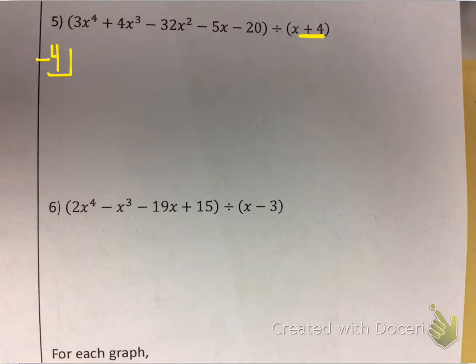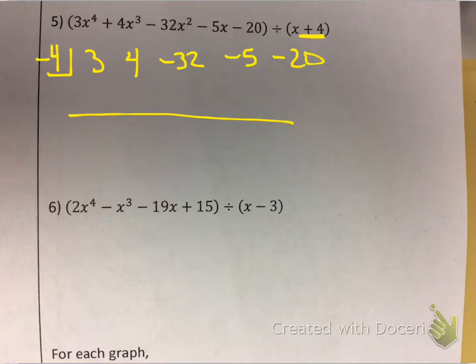And then you start putting all the coefficients of all the numbers. So if it starts out at the fourth, then that means I'm going to put 3, 4. I need to have an x to the fourth, x cubed, x squared, x numbers, which I do have. So negative 32, negative 5, and then negative 20, apparently. Oops, kind of hard to see right there.